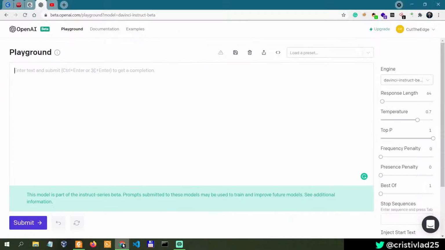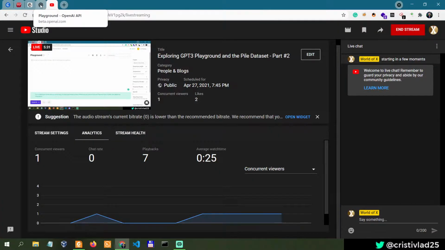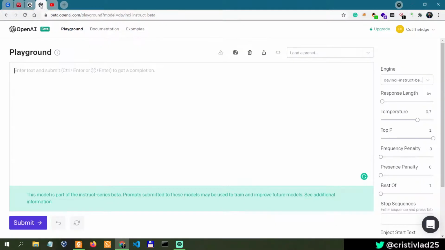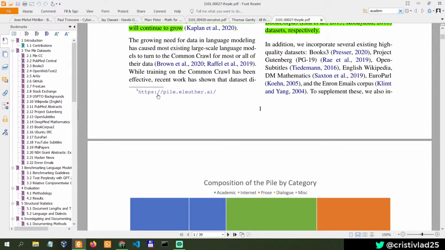And when we talk about GPT-3, we talk about OpenAI. Okay, now we start with the paper.